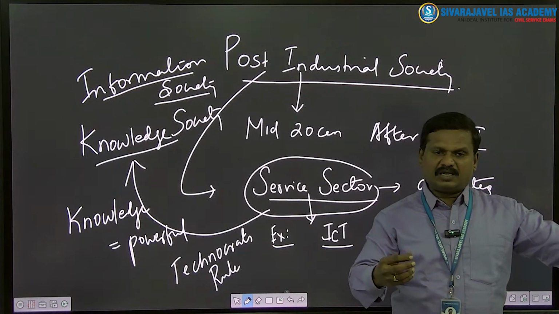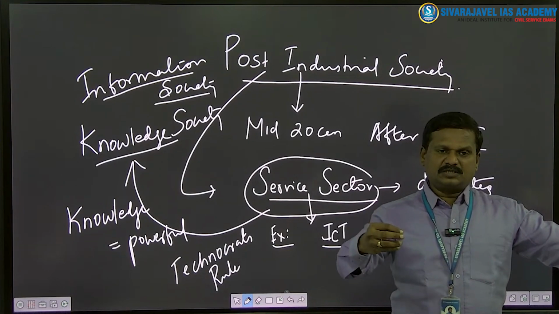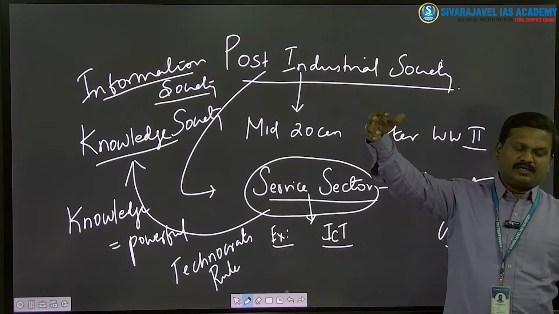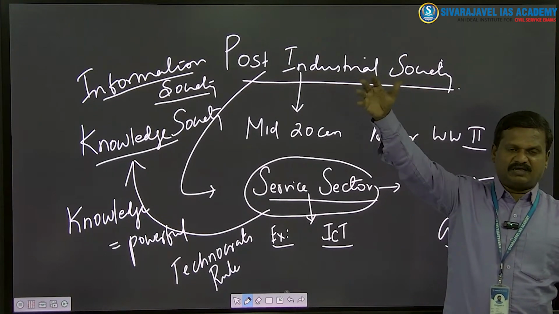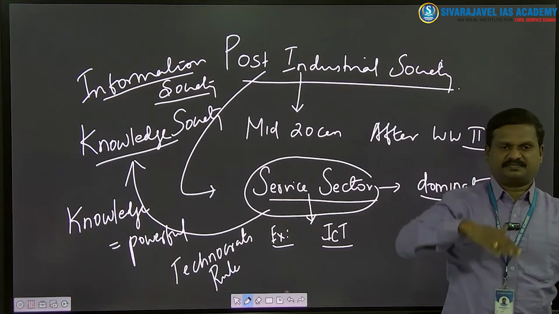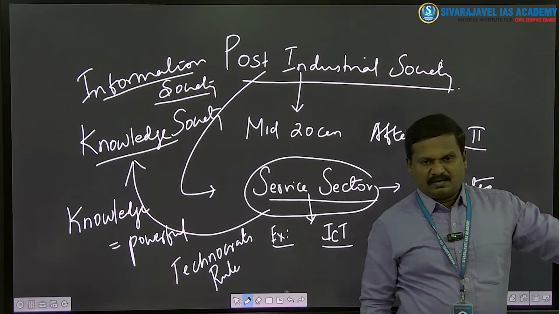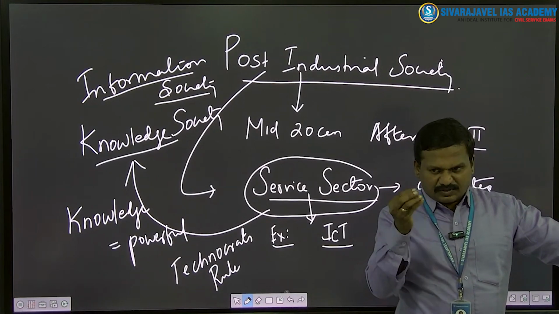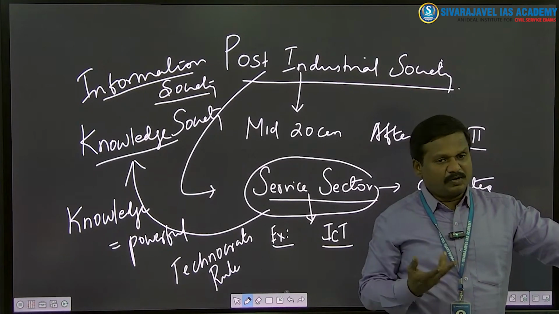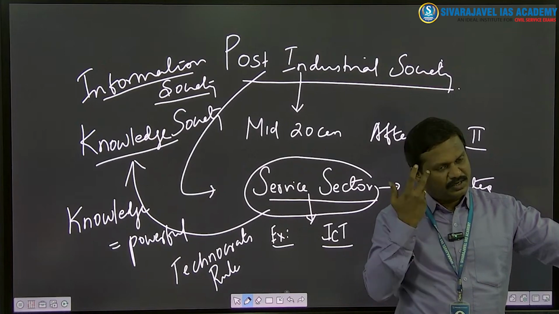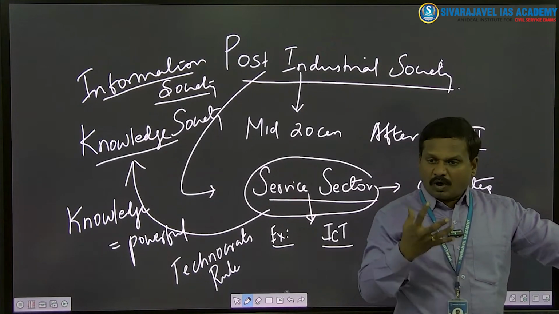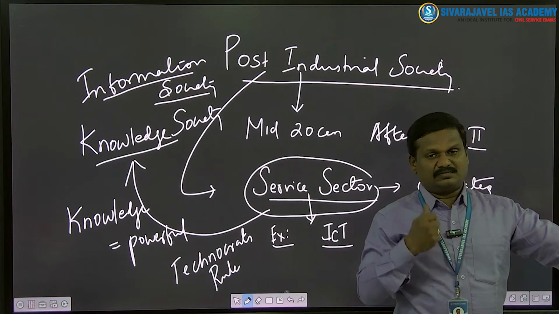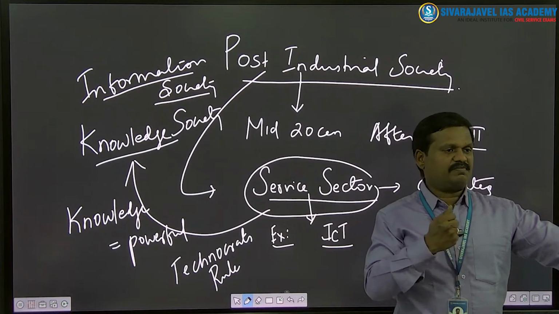So many economists started running the government during the 2008 to 2011 period in many parts of Europe. Because they had a very thorough understanding of economics, they were able to give some solutions to the problems. The politicians did not know the solution at all because they don't have this knowledge. So the one who holds knowledge is powerful. Knowledge is power.